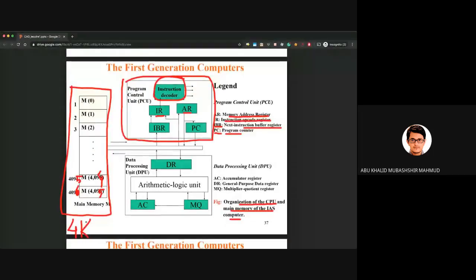And now we will see the arithmetic logic unit, which performs the actual process of the operation. Here is the data processing unit. There is the general purpose data register, which stores the data which we fetch from the main memory.